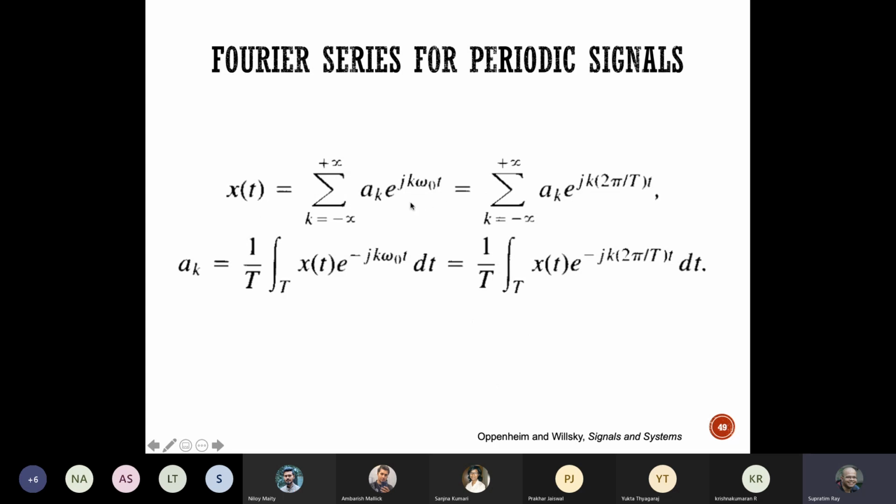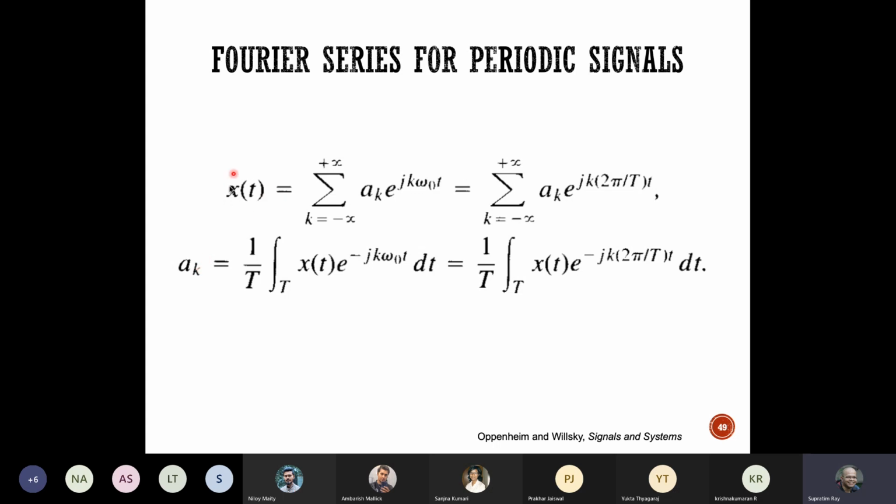This is called actually the synthesis equation. The first one here, it just means that given the coefficients AK, how can you synthesize the signal back? And this is what is called the analysis equation, where given the signal, how can you find the coefficients?